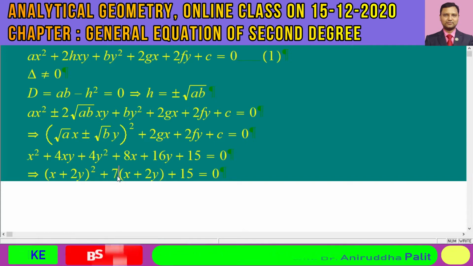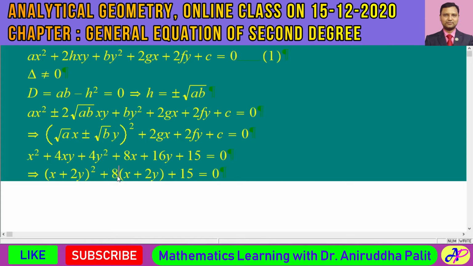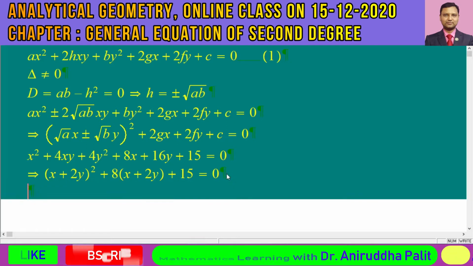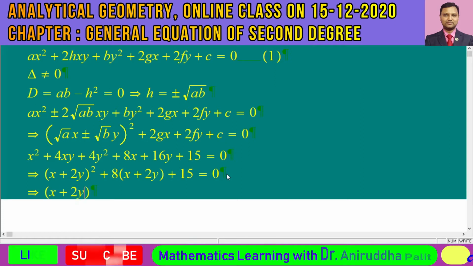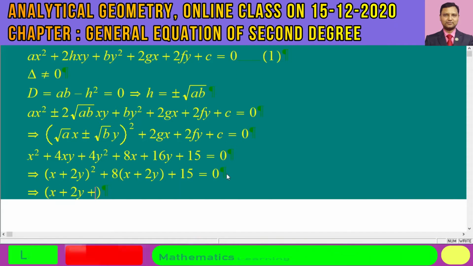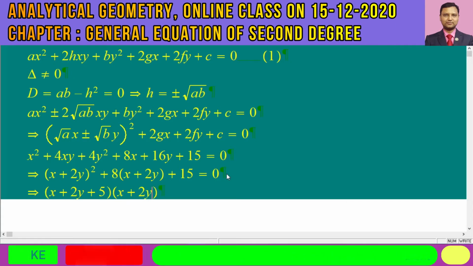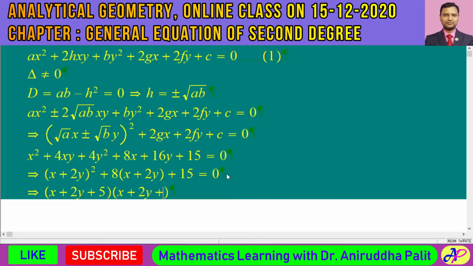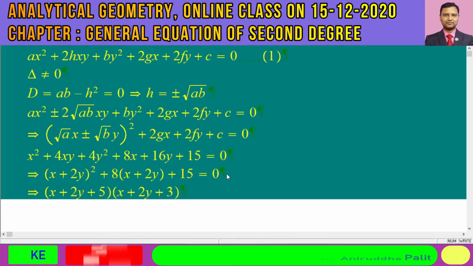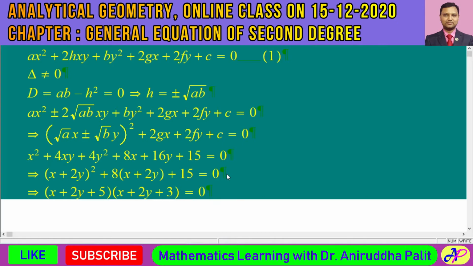In that case, this 8 can be taken common, and then it would be easy for me to show that this expression can be factorized as x plus twice y plus a constant. What would be the constant? You see, this expression would be equal to 5 into x plus twice y plus hopefully 3, equal to 0.